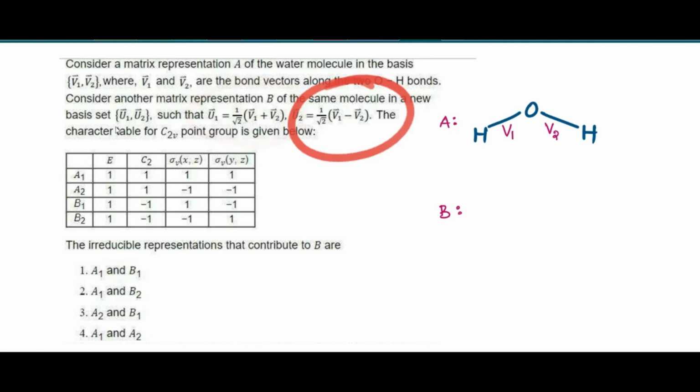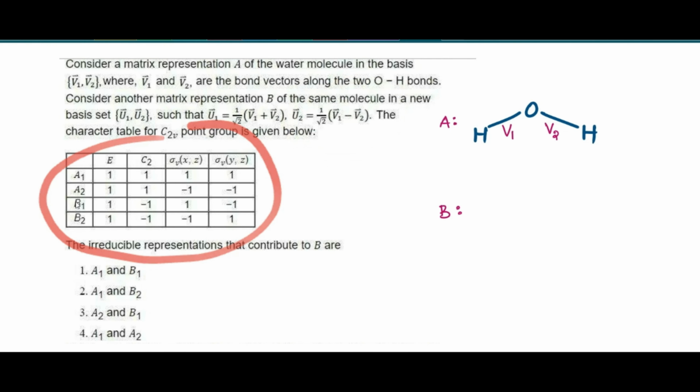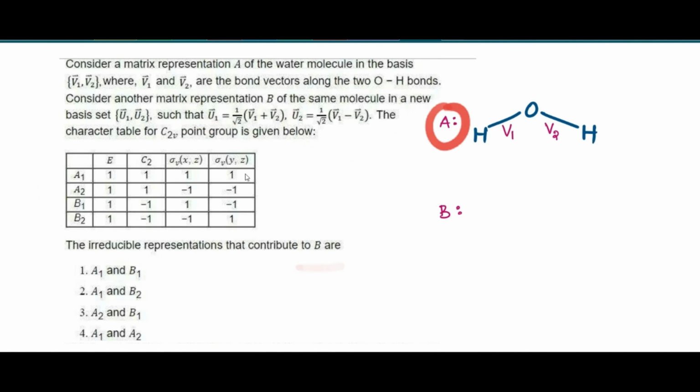And you are given the C2V point group character table. The irreducible representations that contribute to B are A, not B. Okay, listen to this very carefully.